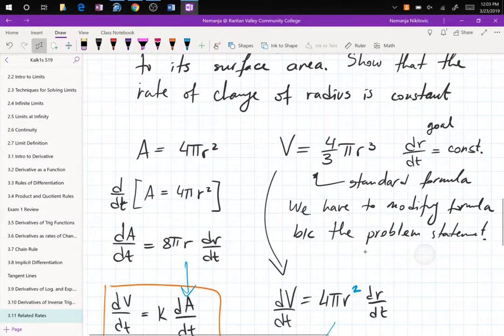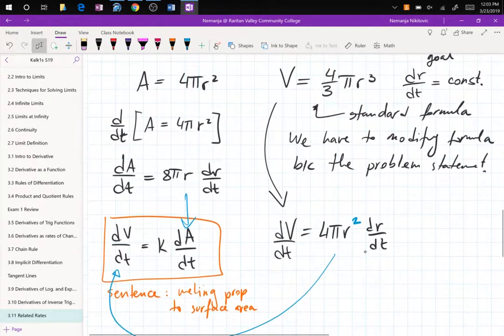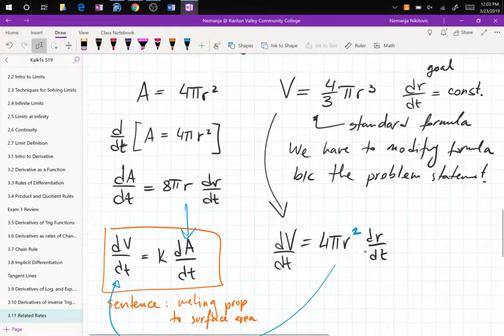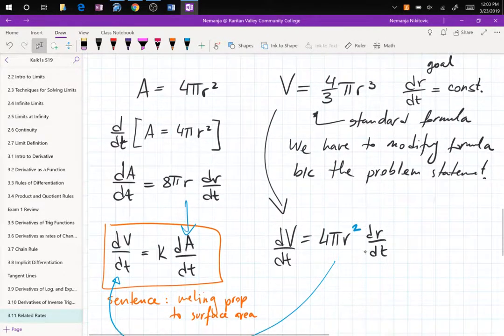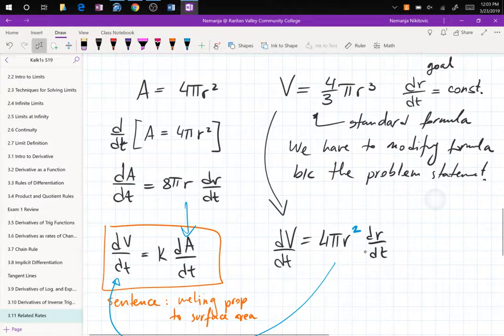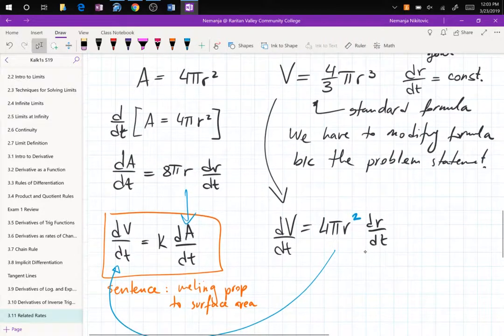I picked this problem on purpose because it doesn't have calculation, it's just mathematical manipulation. Surface area, 4 pi r squared. The derivative of that, 8 pi r dr dt, good. Volume, 4/3 pi r cubed. Derivative, when the 3 drops from r, it cancels the 3, 4 pi r squared dr dt, dV dt. The sentence says, a spherical snowball melts at a rate proportional to its surface area.